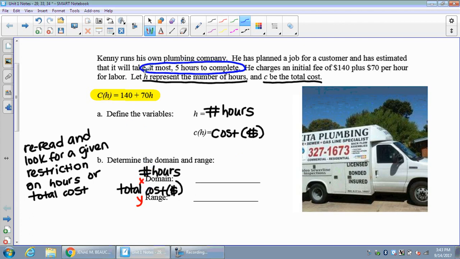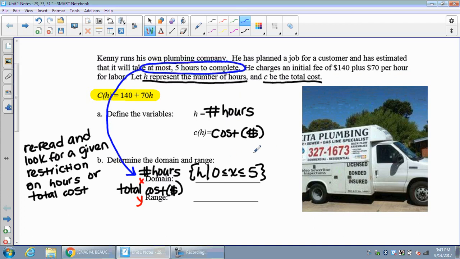So if I've done my labels, I can actually just draw an arrow right down to hours and realize, with the help of this visual here, that this is going to be a restriction on the domain. So if Kenny has up to 5 hours to complete this job, it's going to be 0 to 5 hours.